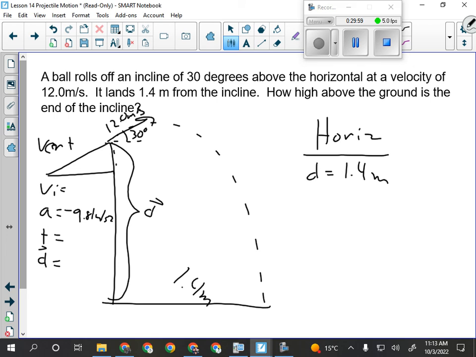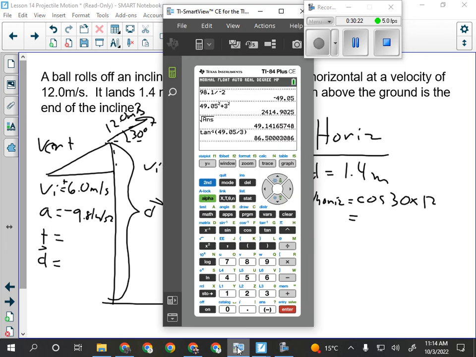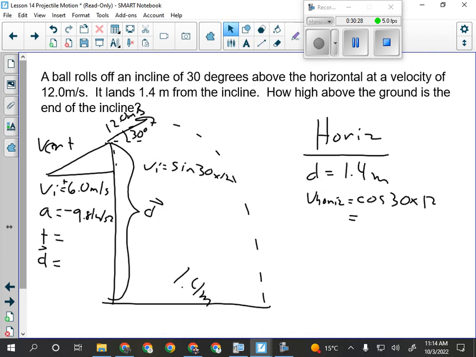Calculating VI vertical is going to be the sine of 30 times 12, which is 6.0 meters per second, positive. V horizontal is going to be the cos of 30 times 12, 10.39.